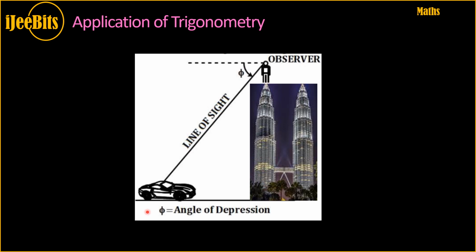Again the same application, but all these techniques will help you measure the rate at which the car is approaching the building, or if it is stationary, how far the car is with respect to the building. These kinds of things can also be measured. So you will be able to calculate all this, right? Your computing knowledge becomes more powerful with the help of trigonometry. I'm sure you all agree with this application.